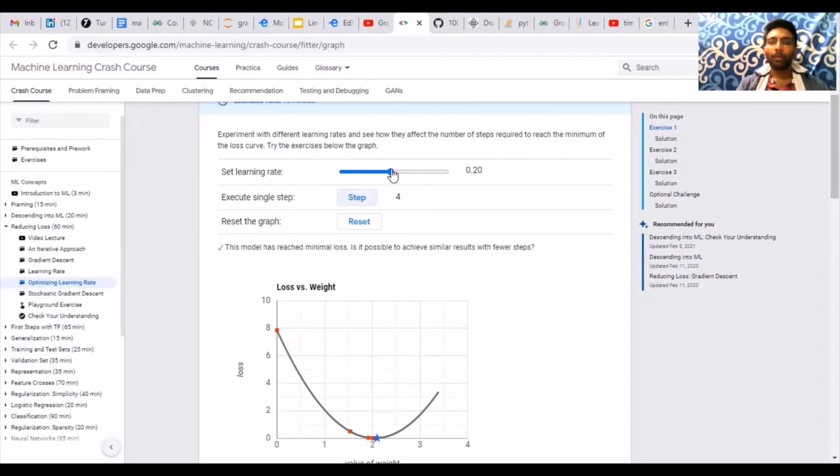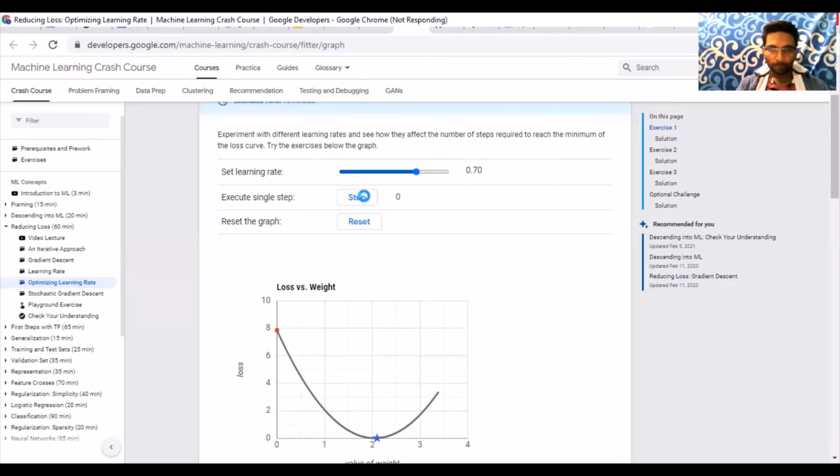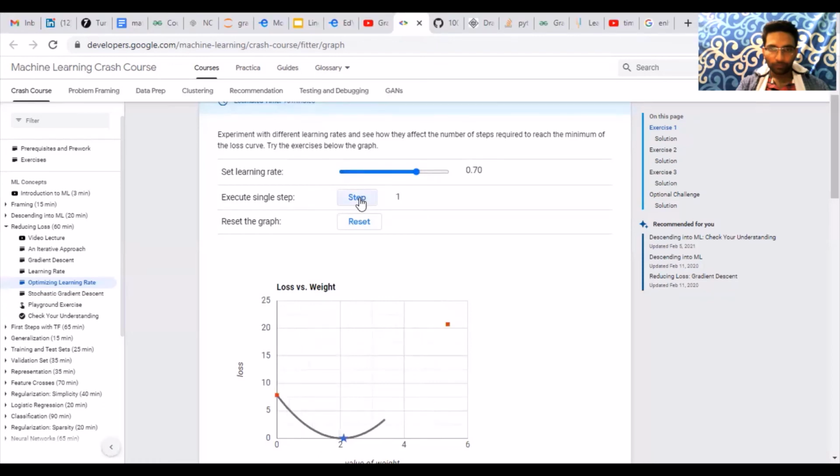So what will happen if I tremendously increase it, suppose to the maximum? This is very huge. See, after my first iteration, the point is here.